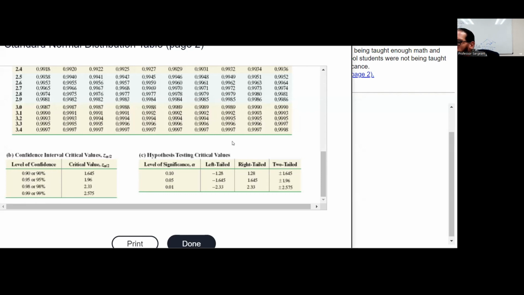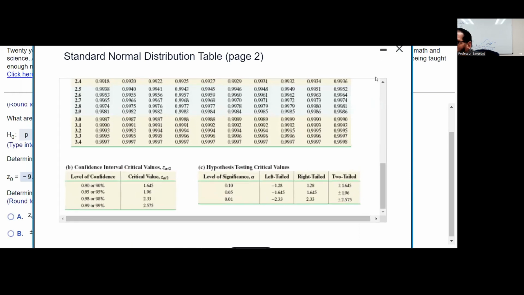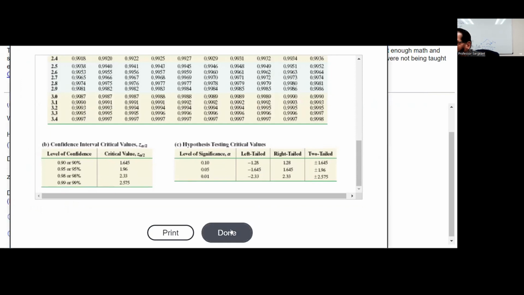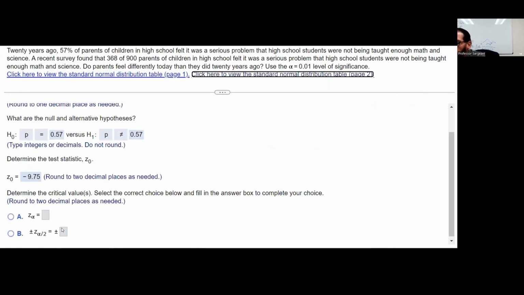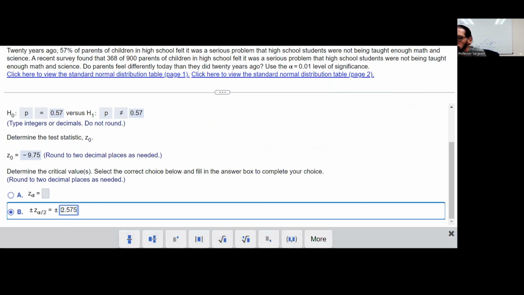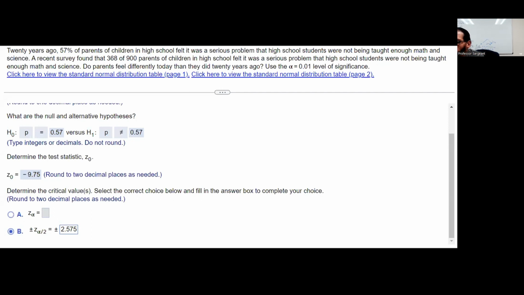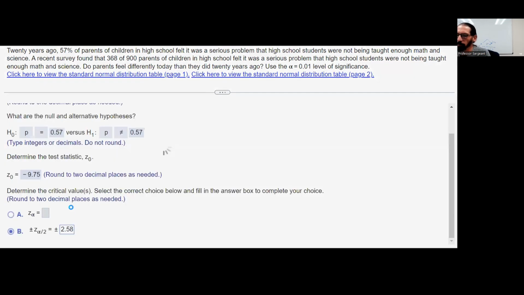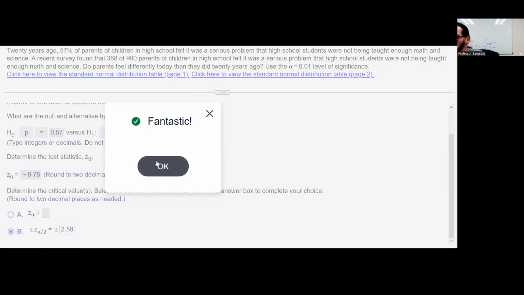Because this is two-tailed, for a two-tailed test with a 0.01 level of significance, plus or minus 2.575. Okay, it did say to round to two places. So let's see if that is the only thing going on here. Okay, now we're good.